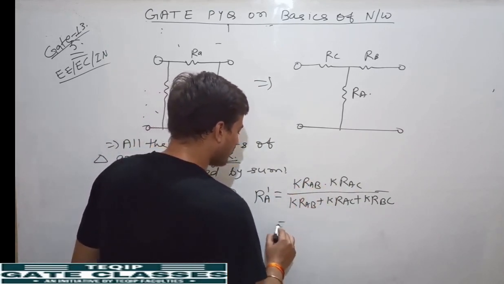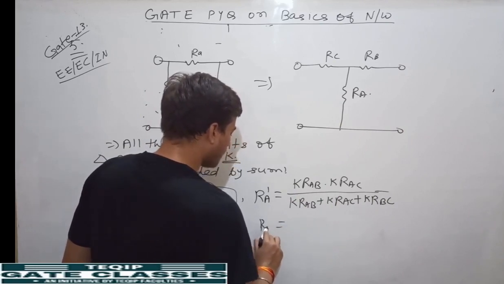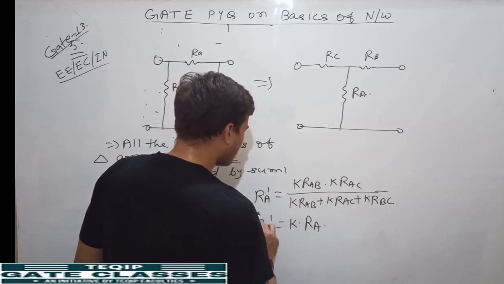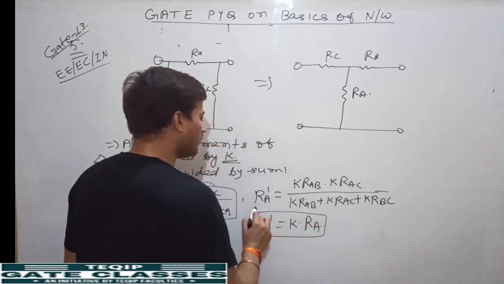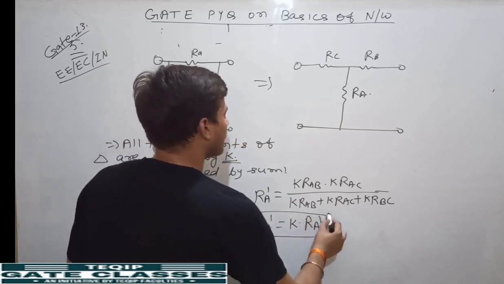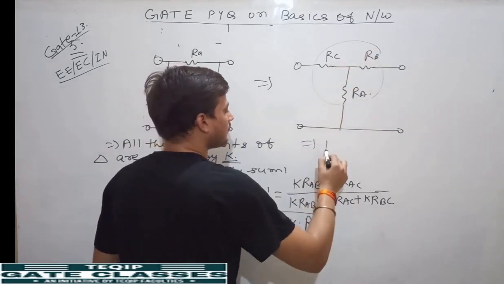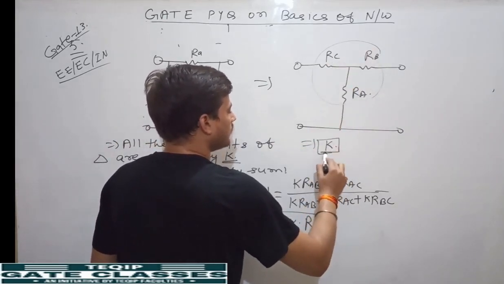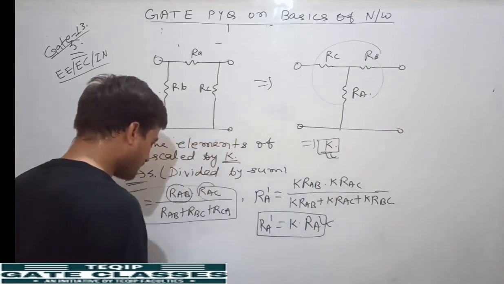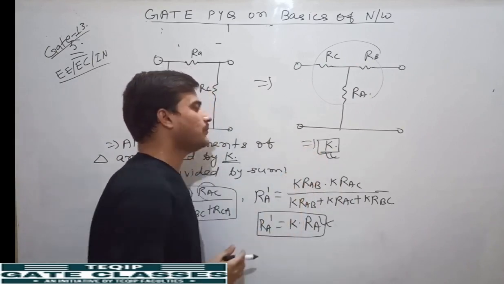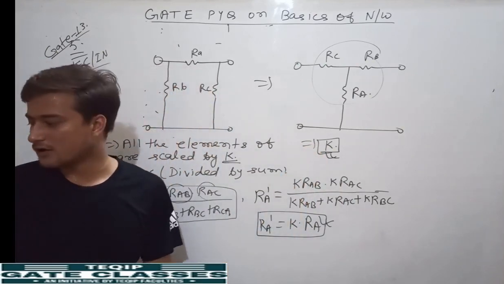So RA dash will become equal to k into RA. That means these quantities have been scaled by a factor of k.